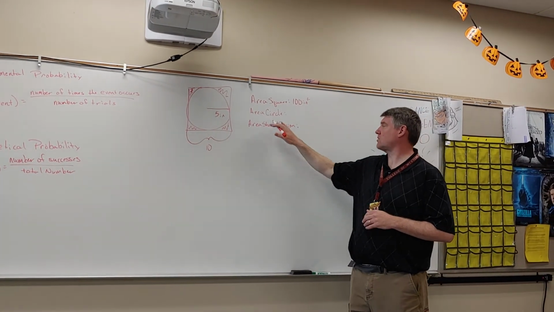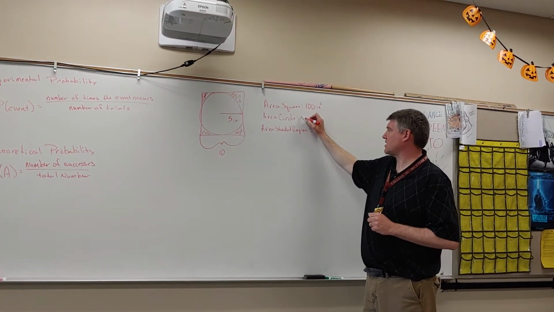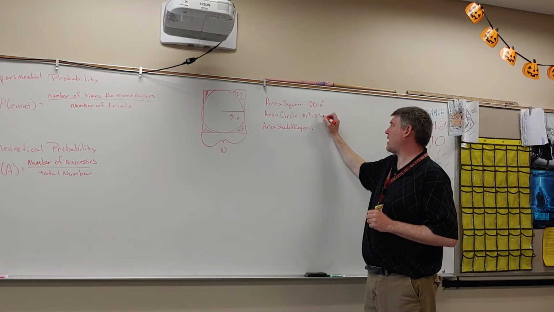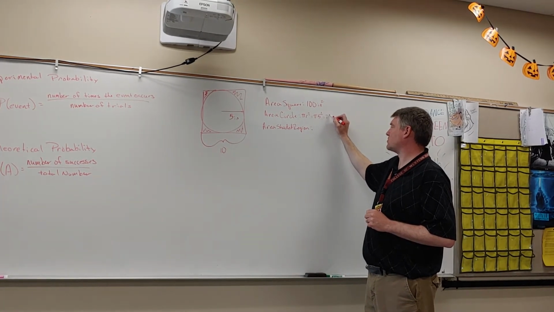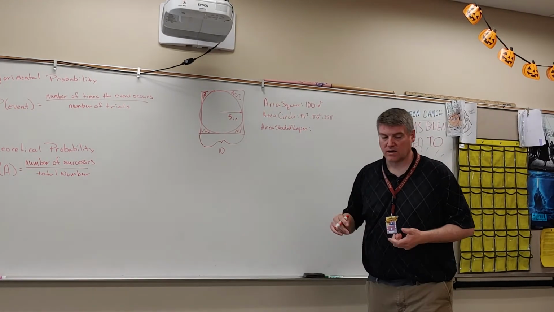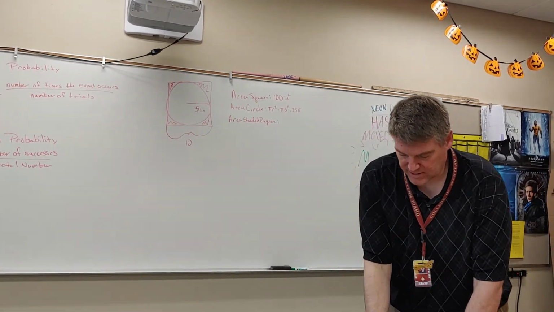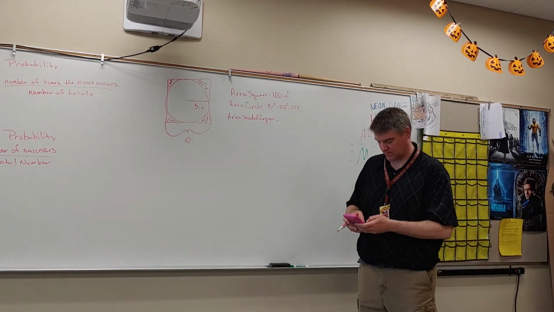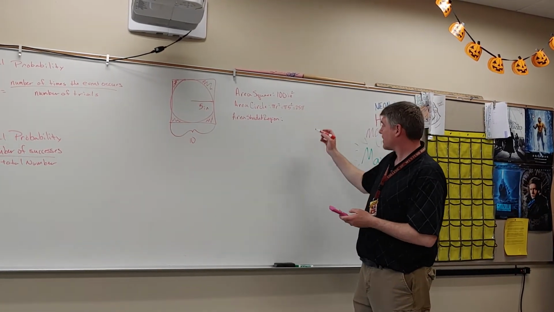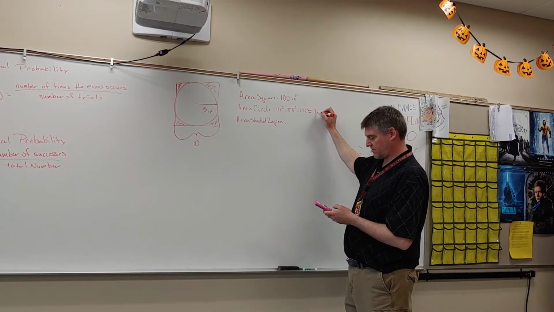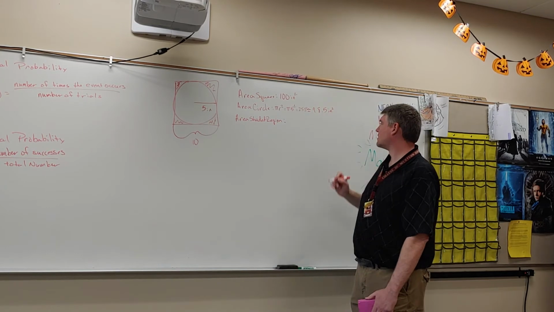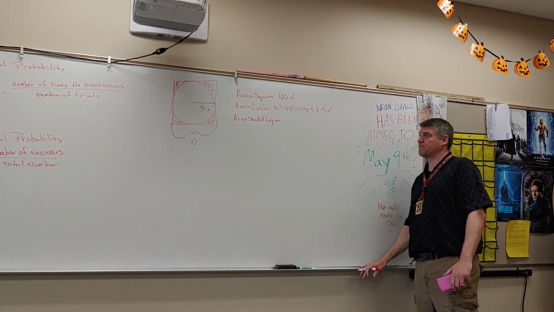So for my circle, we know that this is pi r squared. So I have pi times 5 squared, which is 25 pi, and we're going to put this in decimal form. This is going to approximately give me 78.5. We'll round to the nearest tenth.